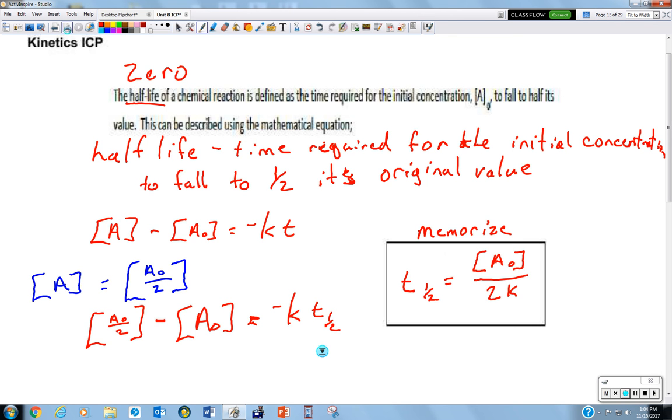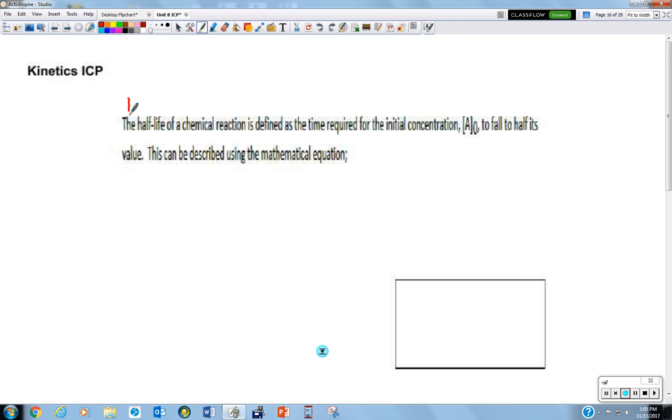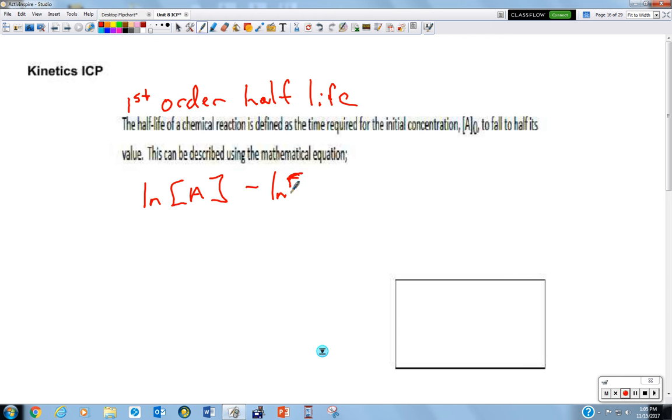All right, and then going to the half-life for a first order, again, we start off with the same thing, Ln concentration of A minus Ln concentration of A naught equals negative KT.